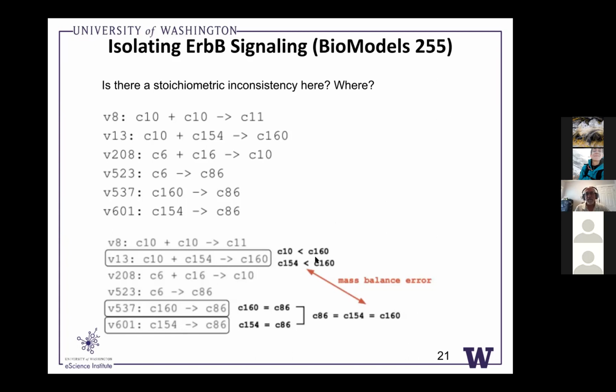So this over here implies this set of inequalities. And then what you see is, because these are equalities over here, these three molecules must have the same mass. But you see right here that 154 has to be less than 160. So again, it discovers the error.